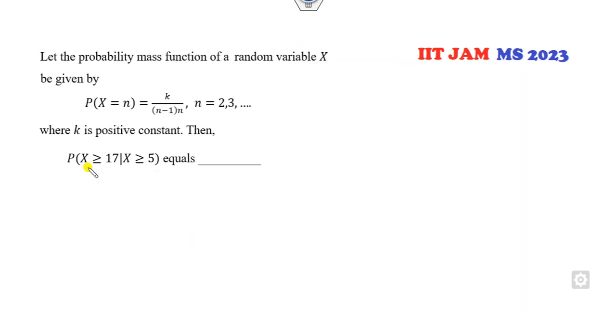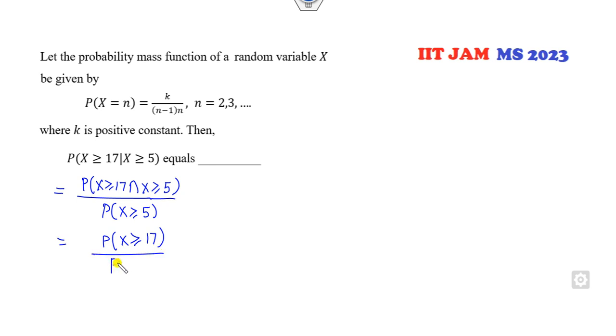Okay, you can see here, my target is to find this value. Firstly, you can try to solve this problem. This is the intersection, x greater than 5. So the numerator portion will be of this and the denominator will be here. Now since it is a discrete problem, I think it's simple.